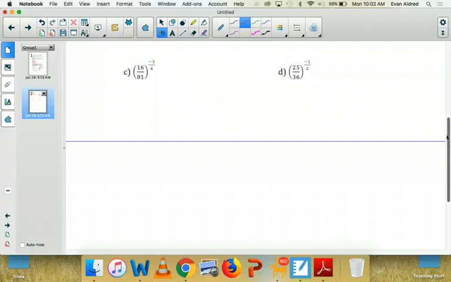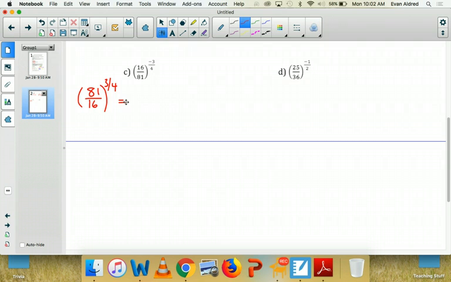So 16 over 81 to the negative 3 over 4. There's quite a bit going on there. So let's take it one bit at a time. The negative sign tells us to flip our base. So let's start there. 81 over 16 to the positive 3 over 4.